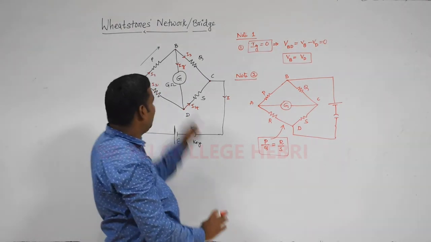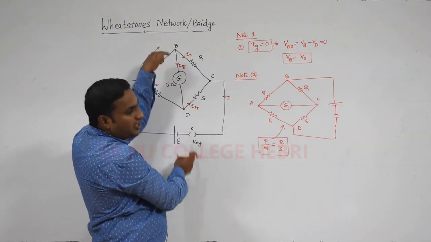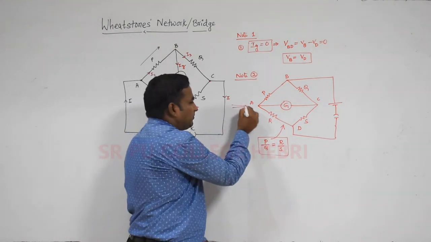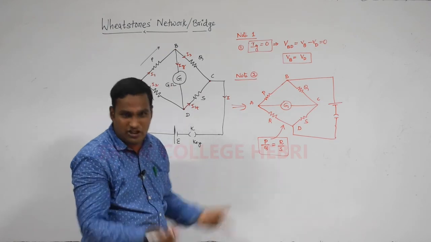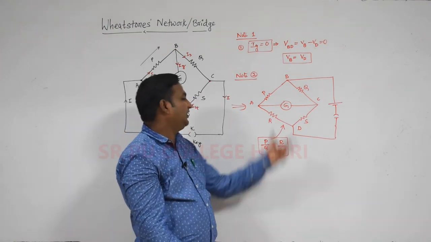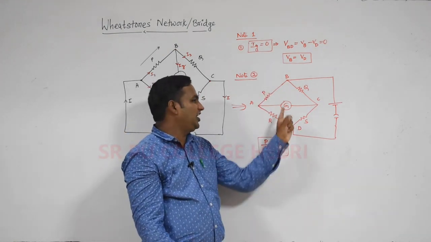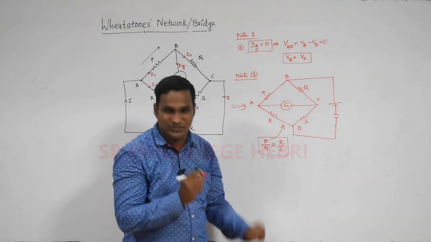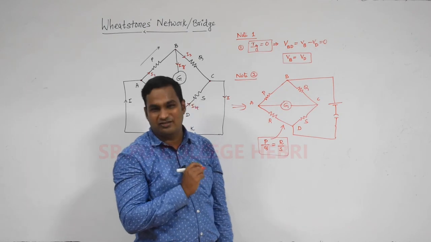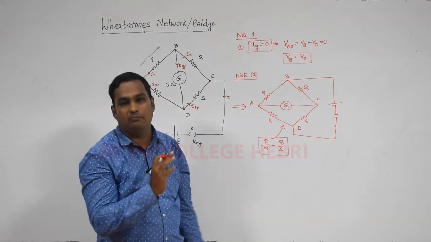Second important thing, if the galvanometer and cell are interchanged, the circuit is again balanced after interchanging the galvanometer and cell. These two are the important results in the case of the Wheatstone bridge.